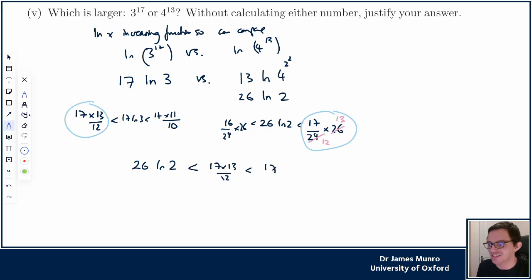Goodness knows how big that fraction really is. 17 log 3. That's really good news, because it means that the one involving 4's is smaller than the one involving 3's. 3 to the 17 is bigger than 4 to the 13.